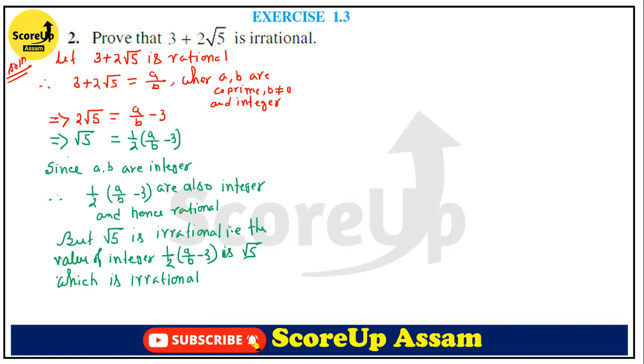Now this contradicts our assumption that 3 plus 2 root over 5 is rational. This contradiction has arisen.